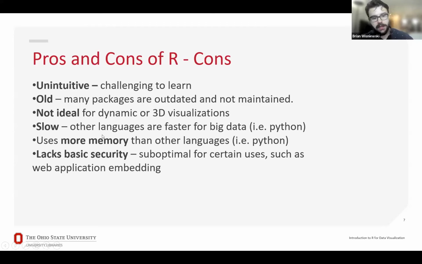It's slow. Other languages are faster for big data, i.e. Python. So slow is a relative term. It's not going to be noticeably slow in most cases. When we're talking about big data, we're talking about millions upon millions of rows of data.